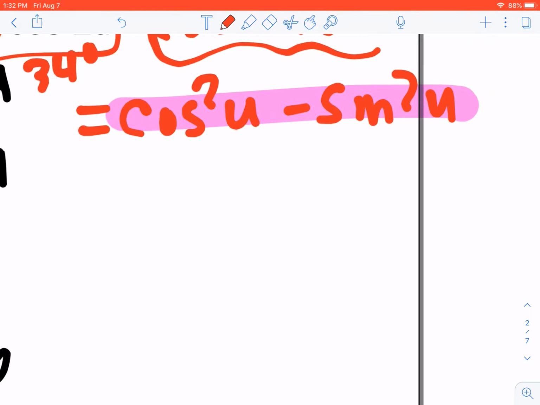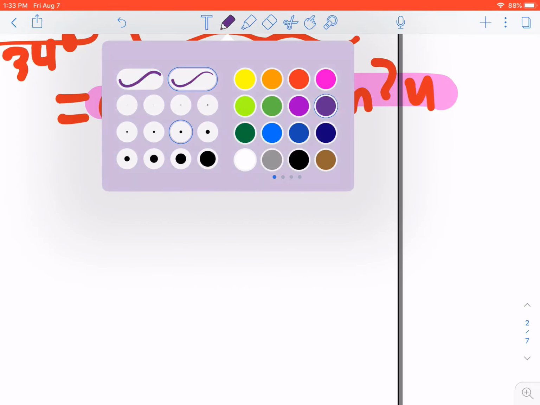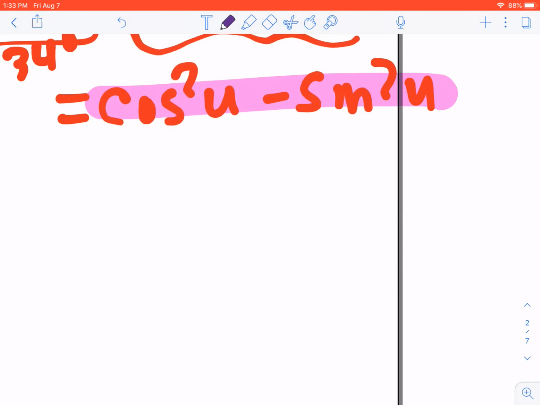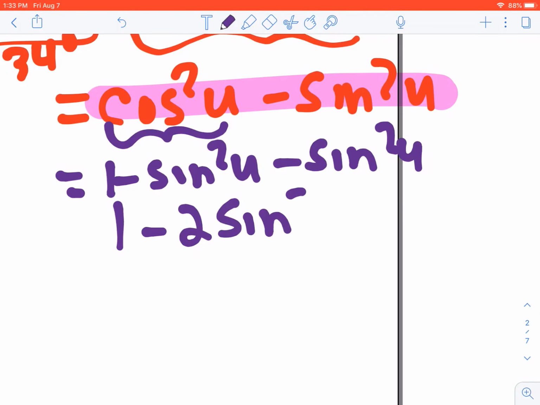All right, so now let's just concentrate on that double angle. What if I instead rewrite the cosine squared using a Pythagorean identity of 1 minus the sine squared? So another way that we can write the double angle formula is 1 minus 2 sine squared of u.